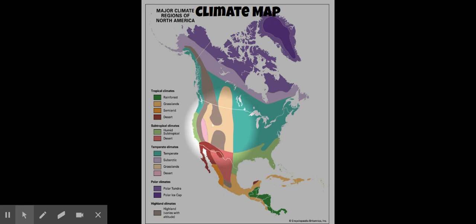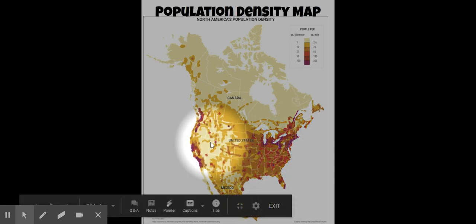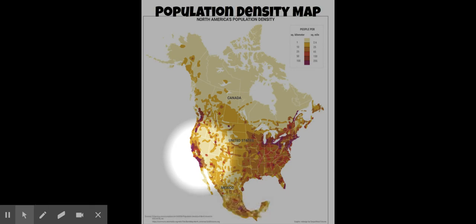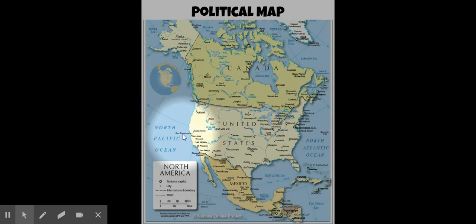Now, why would more people live on the coasts and in the Northeast and on the West Coast? Think of economic reasons. These have access to ports, access to transportation over the ocean, and trade.